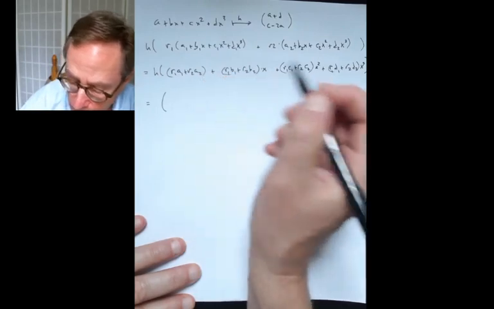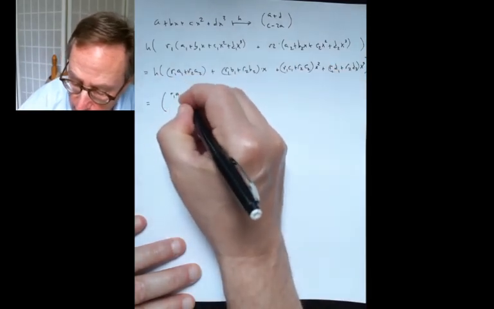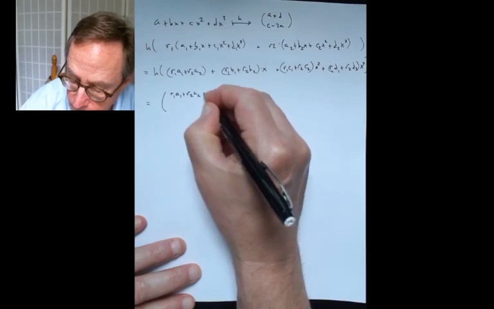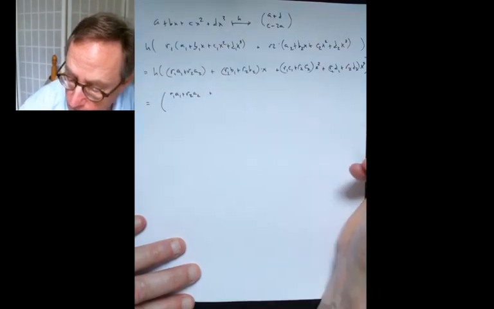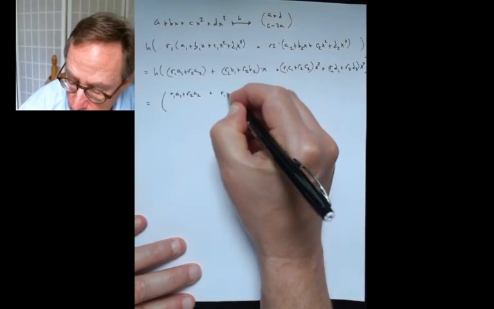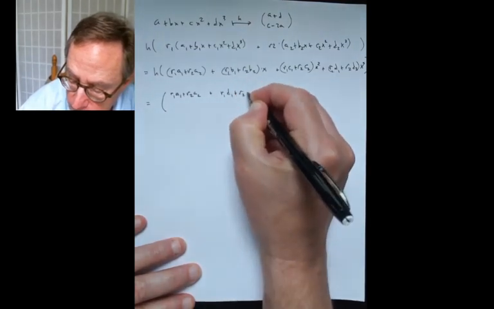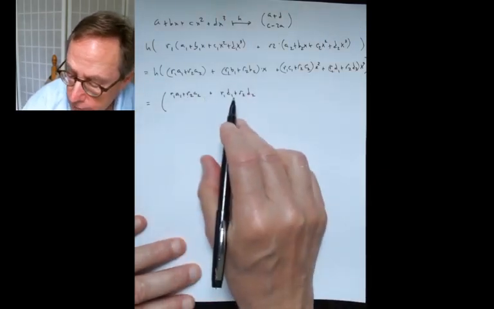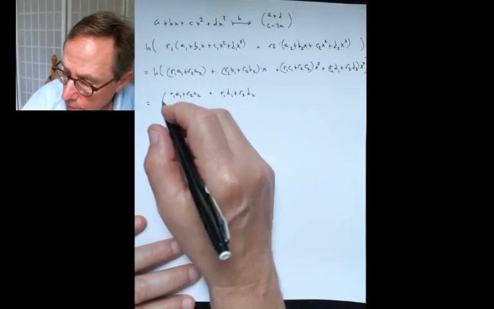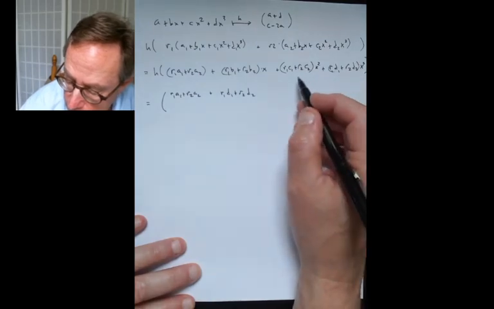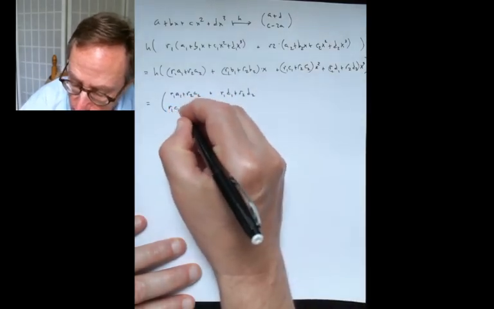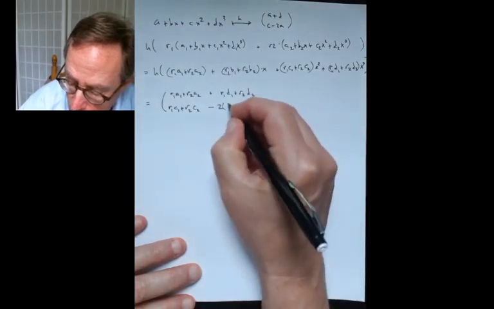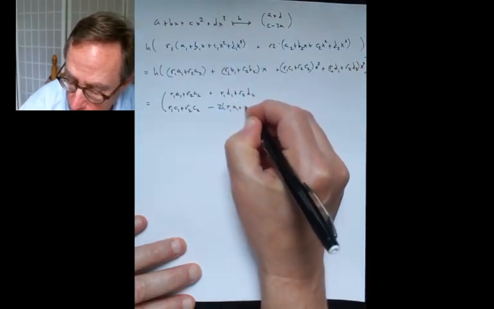So we're looking here at r1a1 plus r2a2, that's the constant term, plus r1d1 plus r2d2, and of course that's the coefficient of x cubed, and then on the bottom goes the coefficient of x squared, so that's r1c1 plus r2c2 minus twice r1a1 plus r2a2.